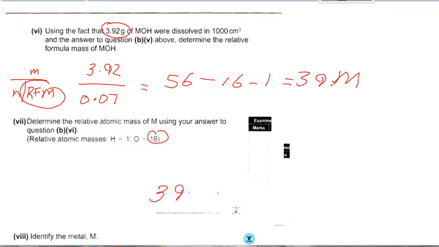It then asks me to identify M. Well, there I will go to the periodic table and I will look for the mass number of 39, and if I go to group 1, the mass number of 39 is potassium, so M is indeed potassium. And that works out fine. I'm not questioning my answer here, because this is, of course, a group 1, and I said earlier in the question that we wouldn't expect the answer of this to be a group 1 metal.